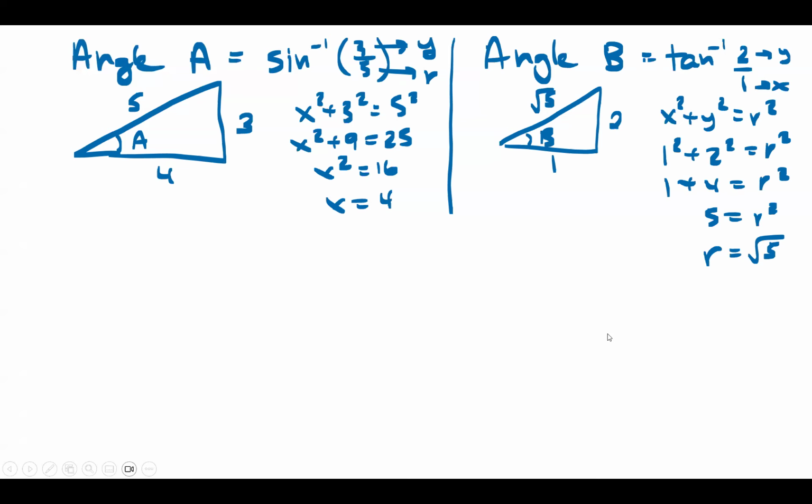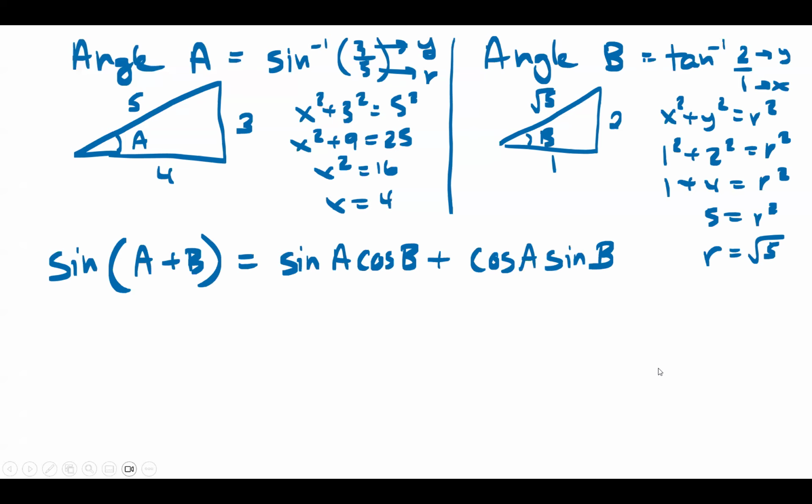So here we go then. Because we know the sum formula for sine, I just do the individual angles themselves. What's the sine of A? Y value over R value, which is 3/5. And remember, sine inverse and sine cancel each other out if we're in quadrant 1, because you're taking the sine value of the sine inverse value.